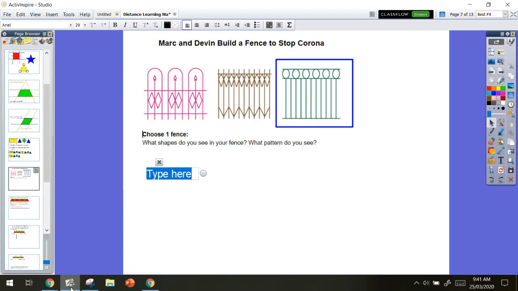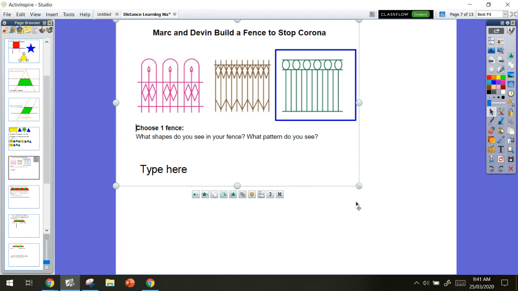Tiger. Okay. What pattern do you see? Circle. Circle. Okay, so let's look at this really, really carefully. You see a circle? And another circle. So on the top are circles, but what about down here?